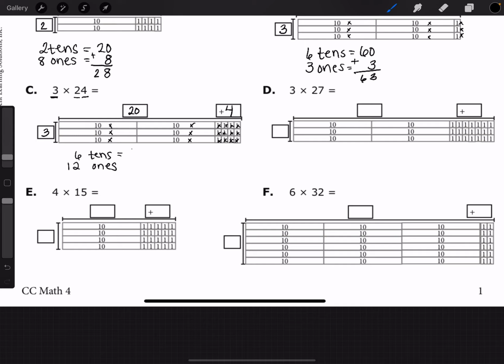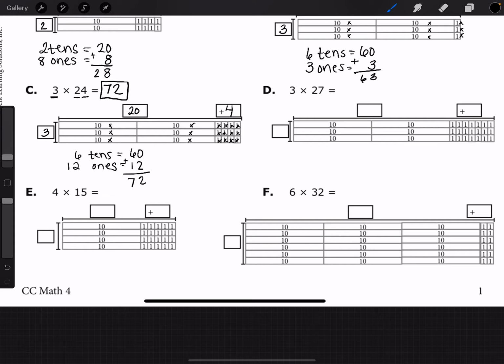Now 6 tens equals 60 and 12 ones equals 12, and if we add those together because they're partial products, 0 plus 2 is 2. 6 plus 1 is 7. So the product of 3 times 24 is 72. Again, I'm going to box it so it doesn't get lost in all that wonderful work that you're doing.